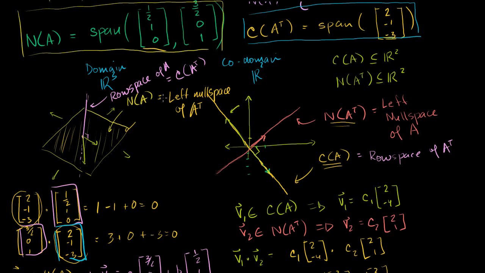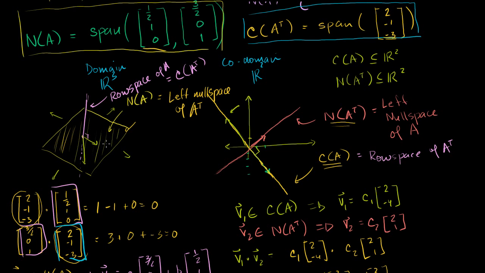Notice that you have here the row space of A. The row space of A is orthogonal to the null space of A. And here you have the row space of A transpose is orthogonal to the null space of A transpose. Or you could say the left null space of A is orthogonal to the column space of A. Or you could say the left null space of A transpose is orthogonal to the column space of A transpose. So these are just very interesting takeaways in general.